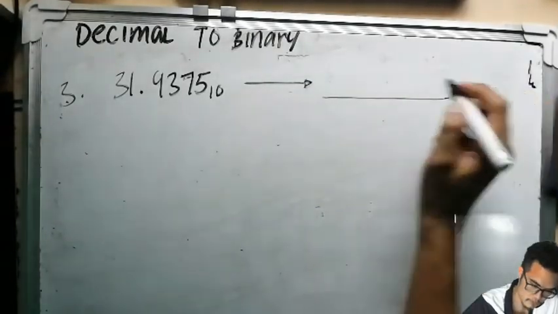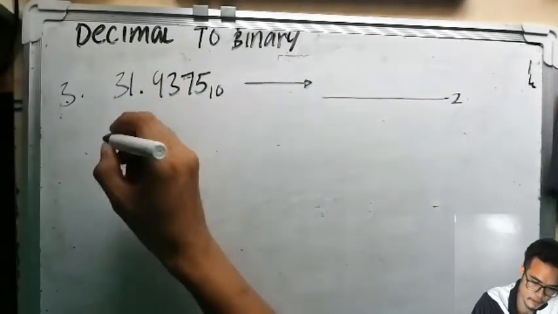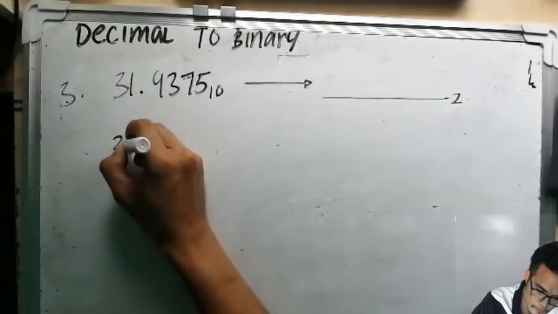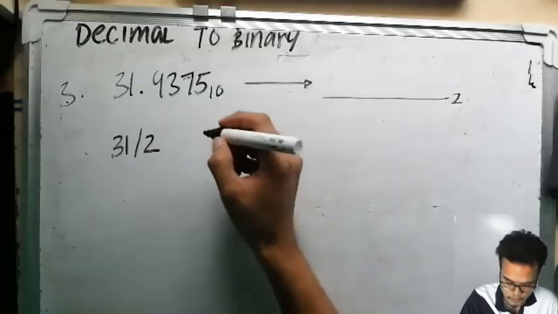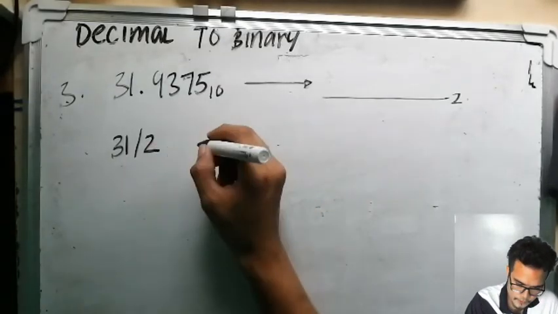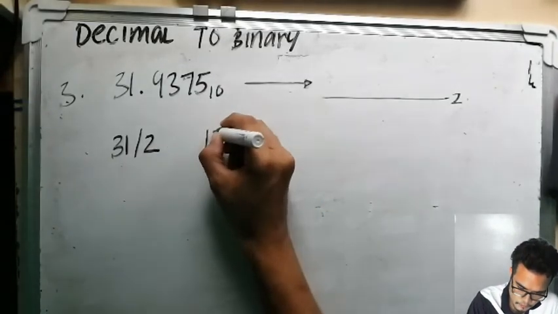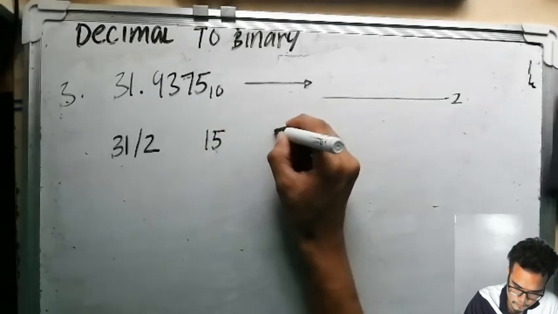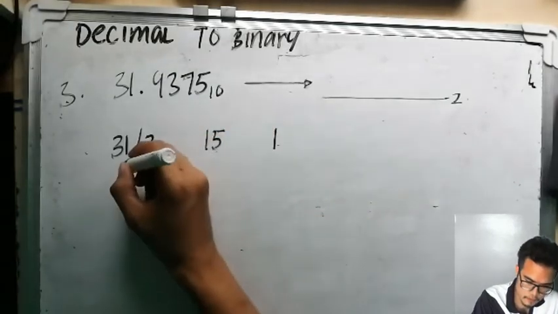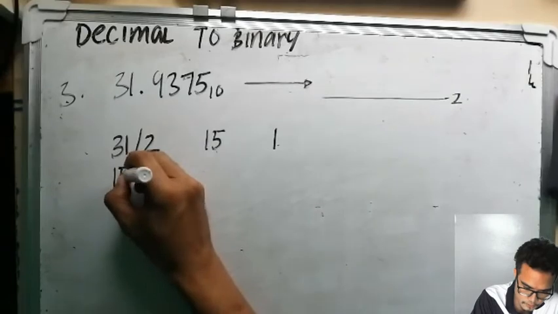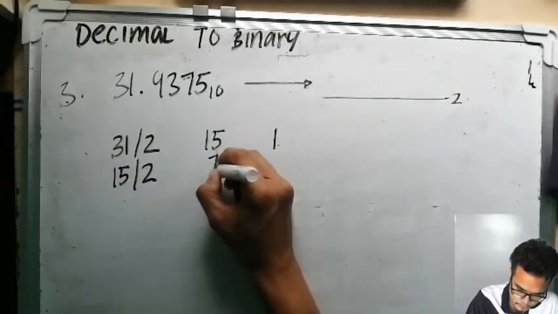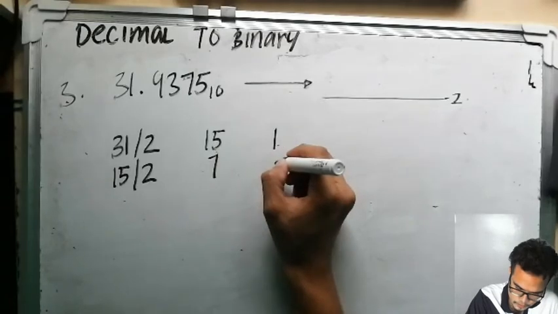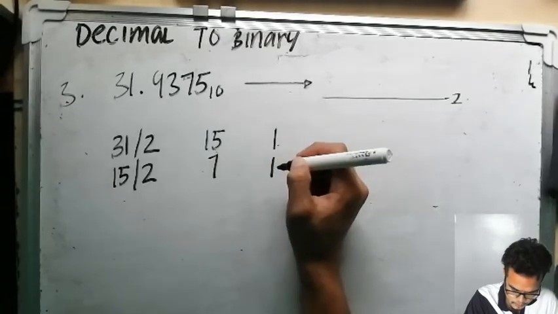Get the integral part. 31 divided by 2 is equal to 15, remainder 1. Then continue the iteration. 15 divided by 2 is equal to 7, remainder 1. Next, 7 divided by 2 is equal to 3, remainder 1.